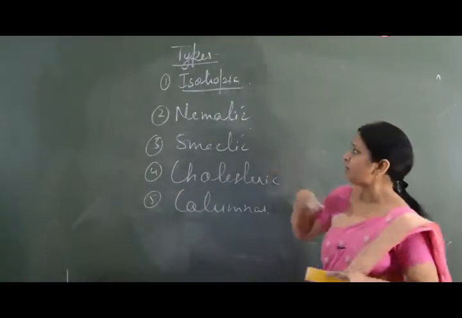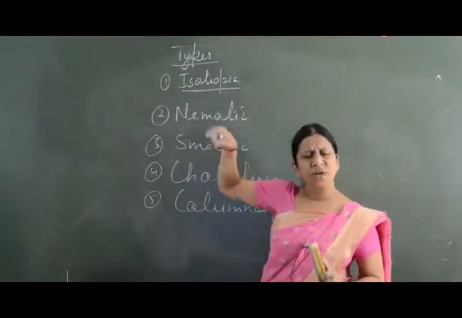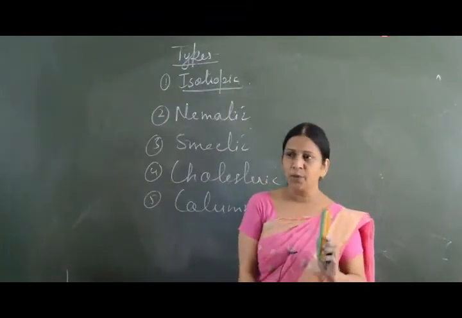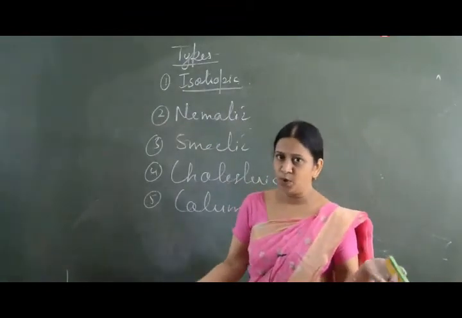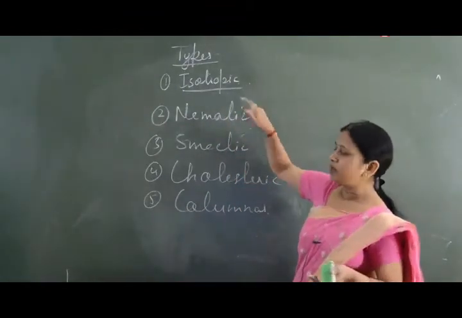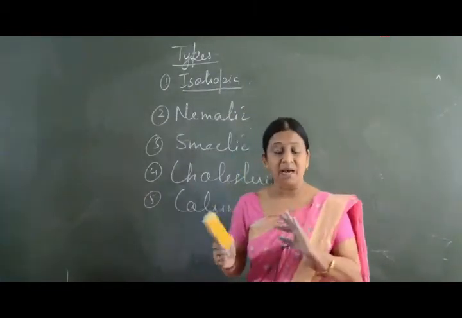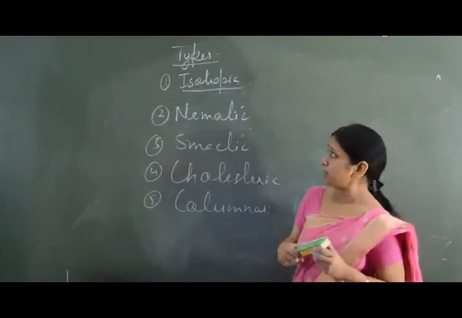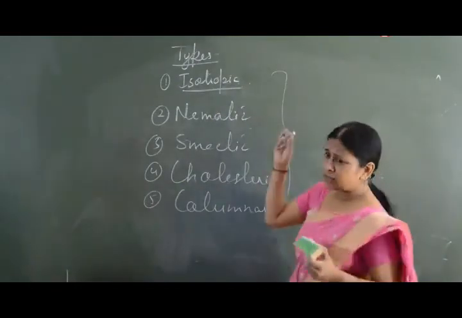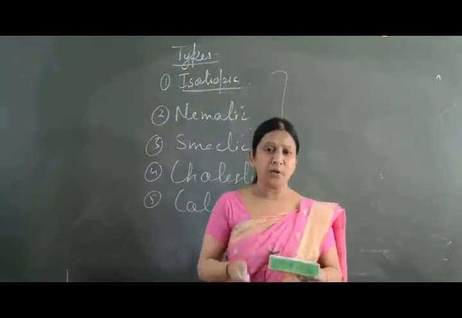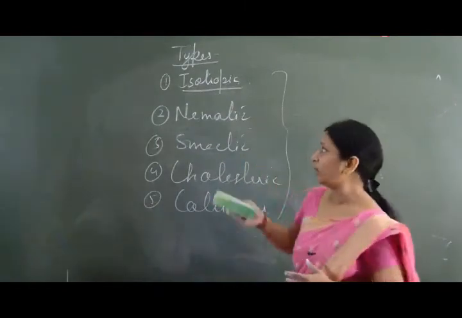If we see the difference, isotropic, most of the time it is not even considered a liquid crystal, it is just like water, a pure liquid. The only difference is when we apply an electric or magnetic field, it is going to show alignment, and that can be seen in the optical properties. In all the liquid crystals, if we apply an electric or magnetic field, they are going to show alignment. So, that is a basic property.